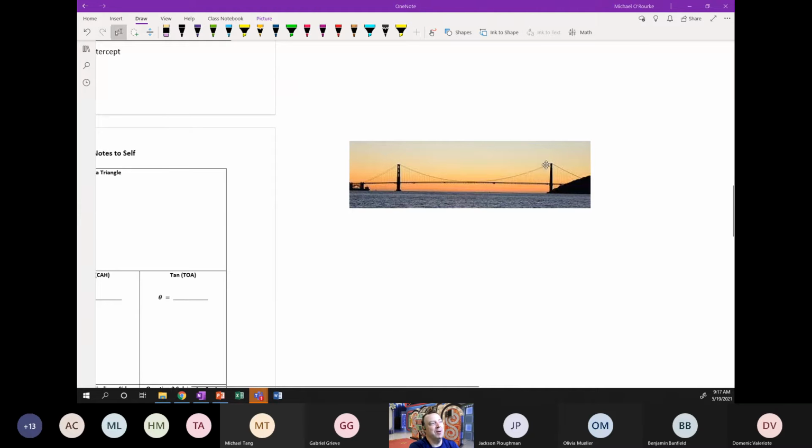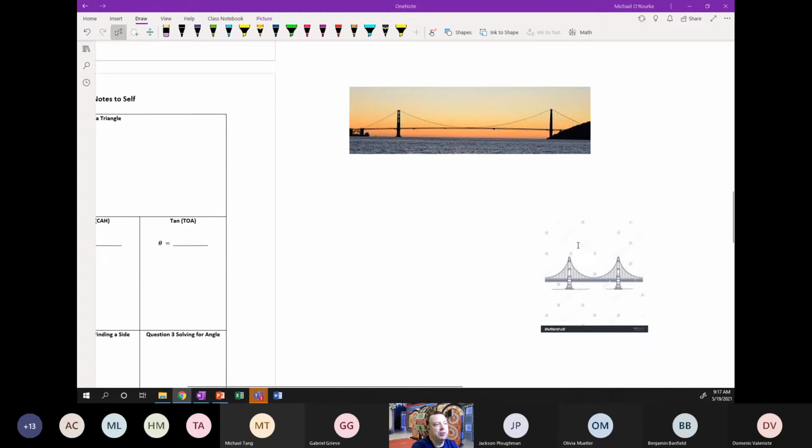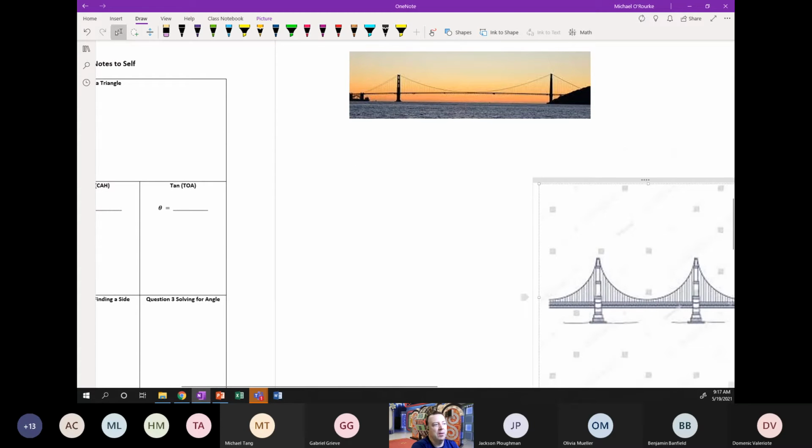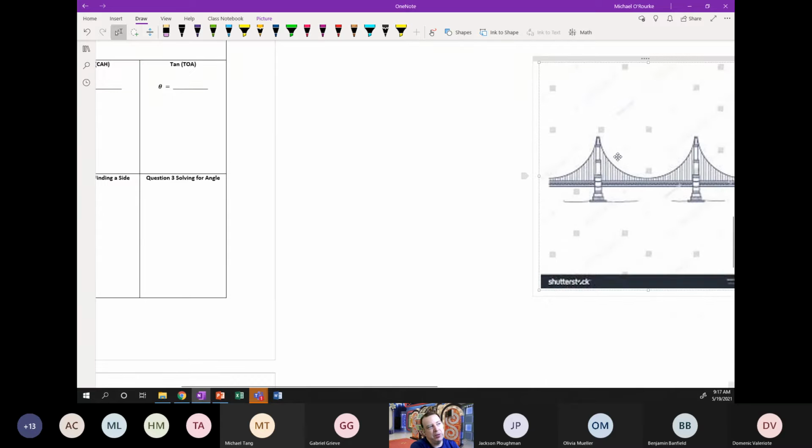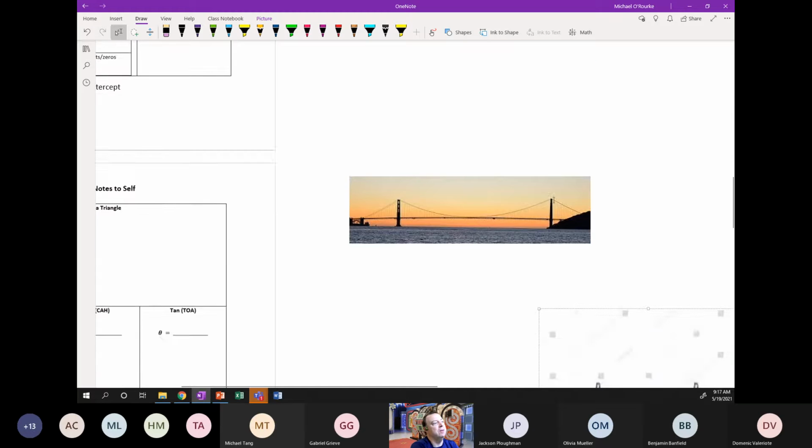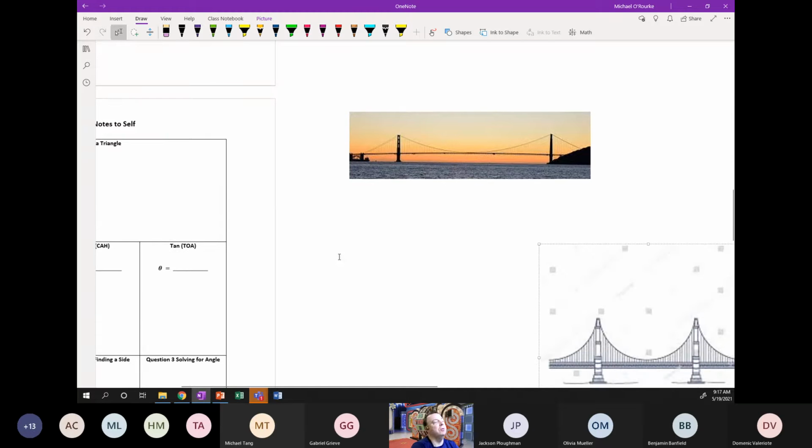You can see this is a suspension bridge. So these wires are all vertical here. Here's a better picture of what it means. These wires support the bridge, and this here is a parabola, right? Along those lines. So there are real world situations where parabolas exist.